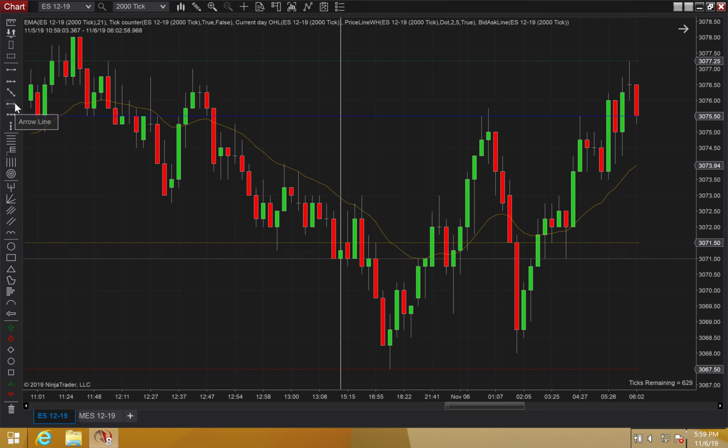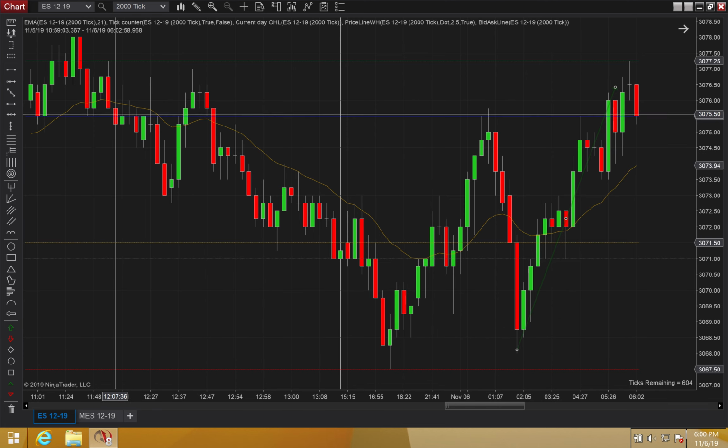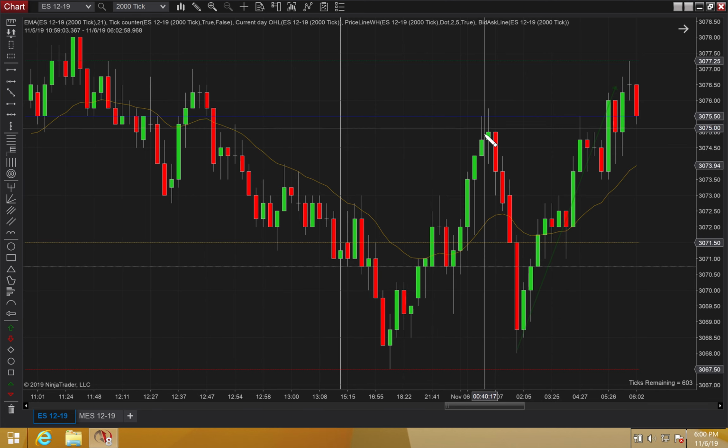Let's just start it off by measuring that. And then up there, kind of getting that measured move. Two matching legs. Okay. Uptrend vibes.